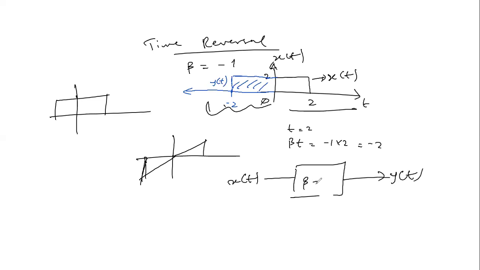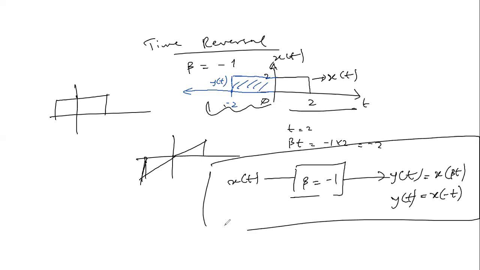But in this case, beta is the same as -1, such that y of t is the same as S of beta t, which is now the same as S of minus t. Okay? So this is our output. Is that clear? Diagrammatically, this is what we achieve this way.